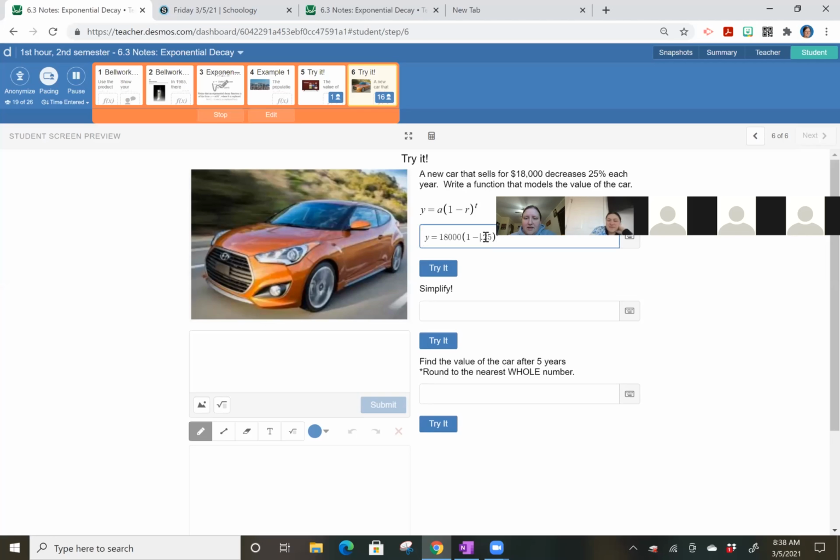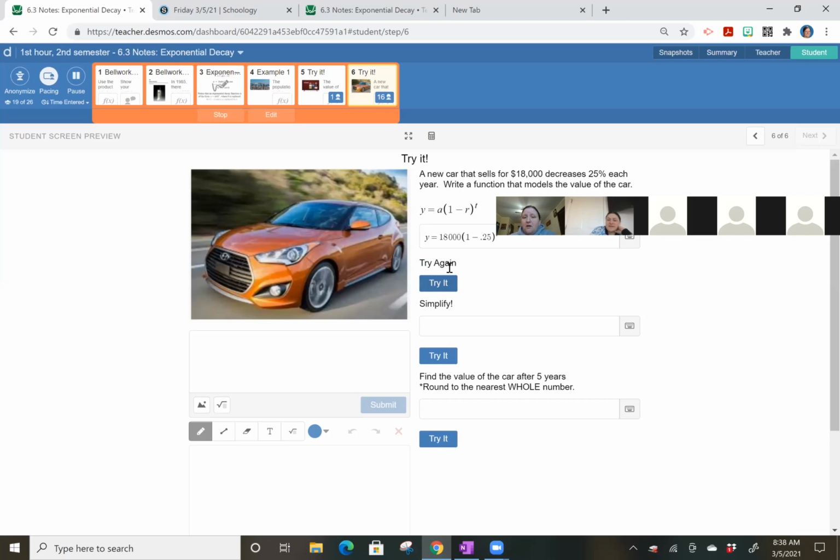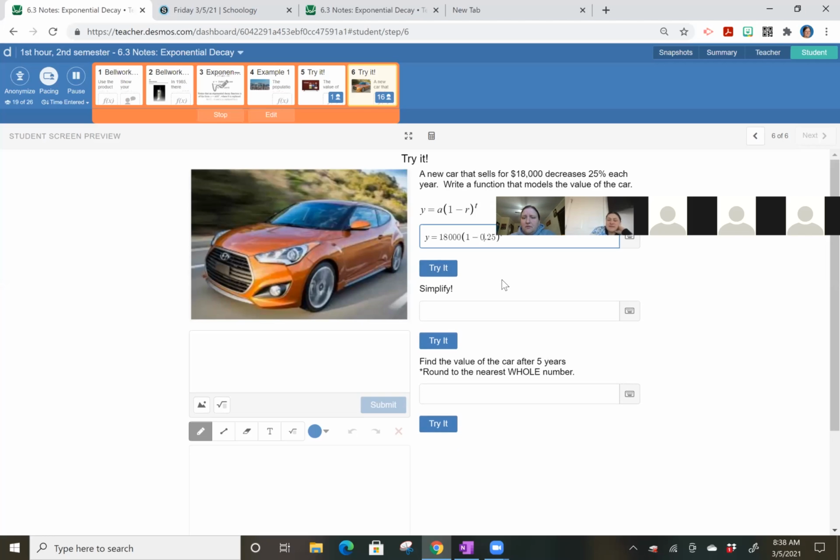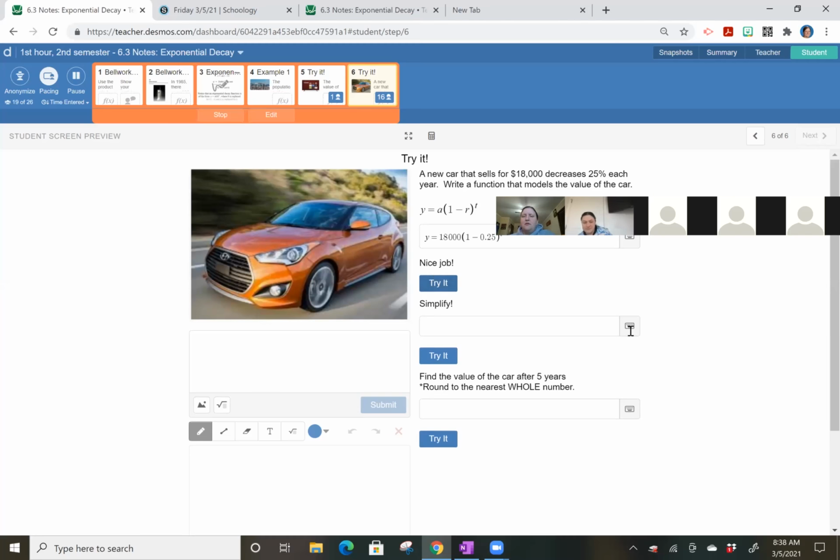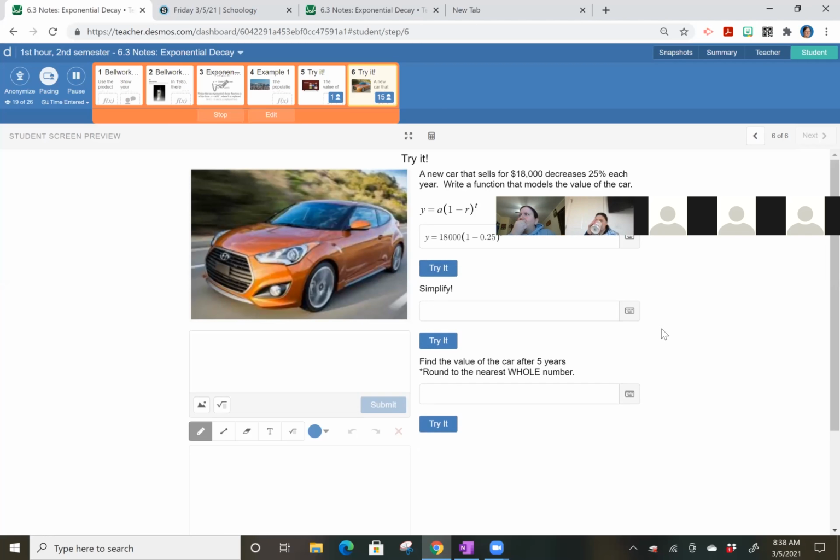Did you put the t as an exponent? Put the 0 in front. 0.25. Just 0.25 and then it will work. That's correct. Yep.